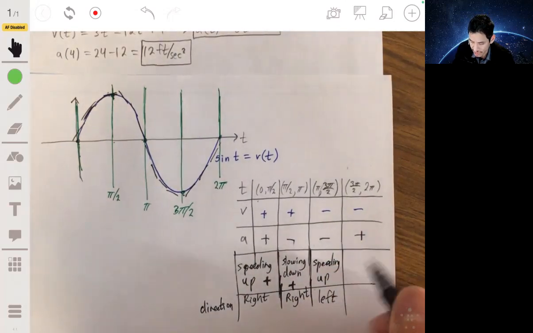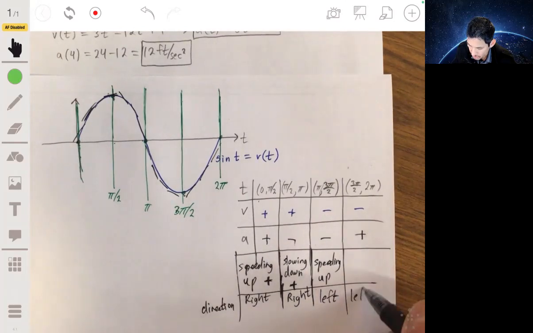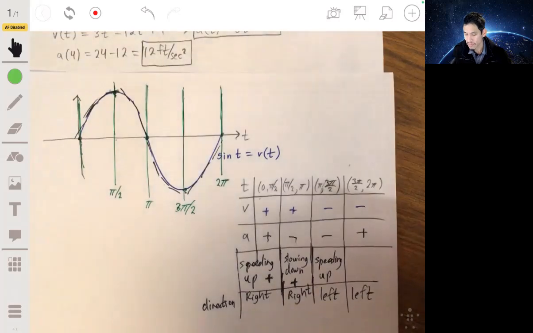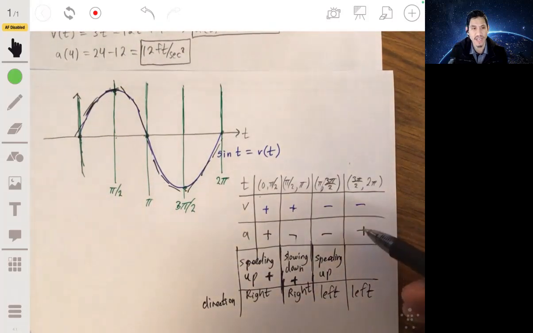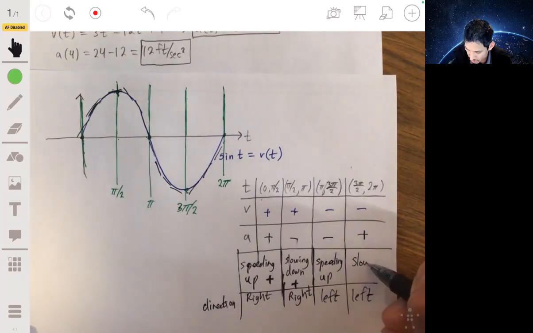So it's speeding up and moving left. And then finally, in this last part, it's still moving left, but acceleration and velocity are opposites. So they're working against each other. It's still moving to the left, but it's slowing down.